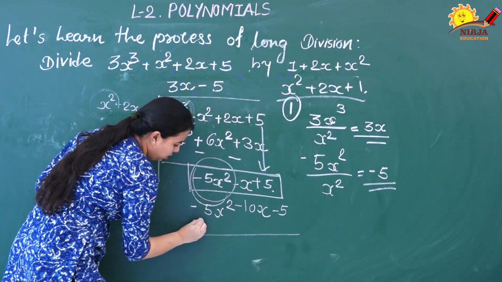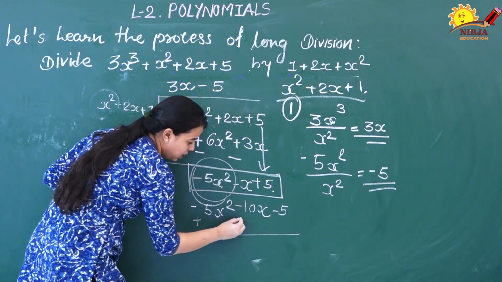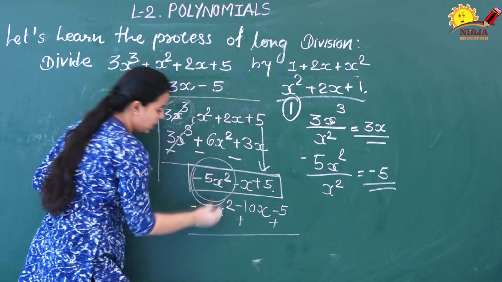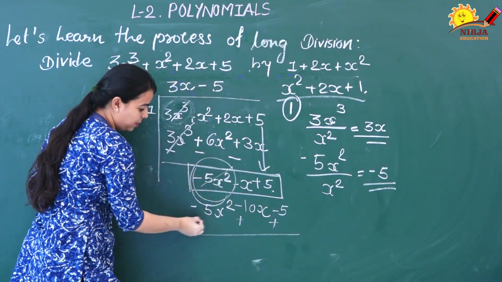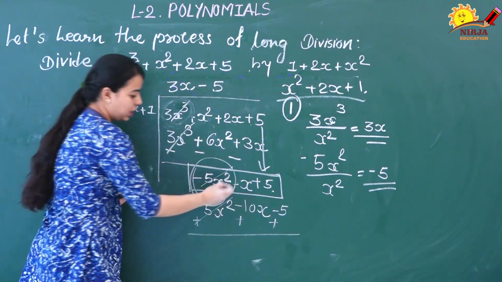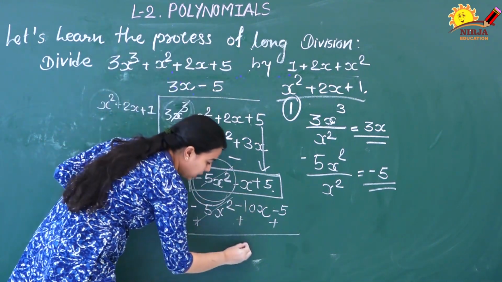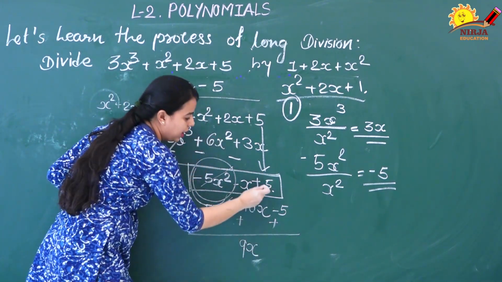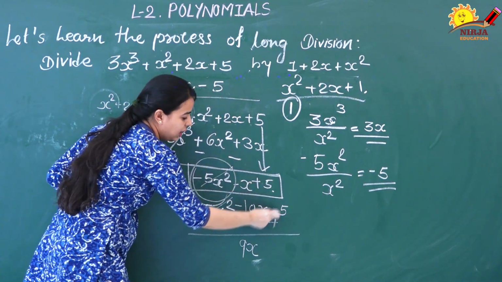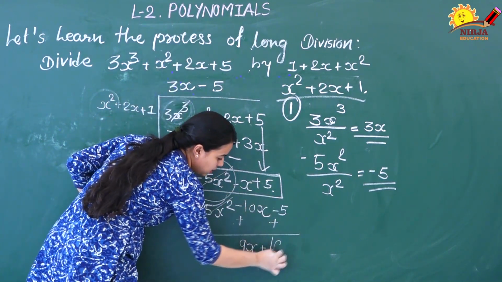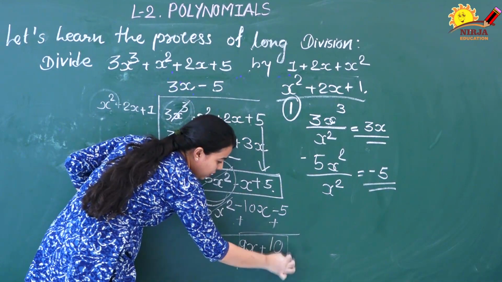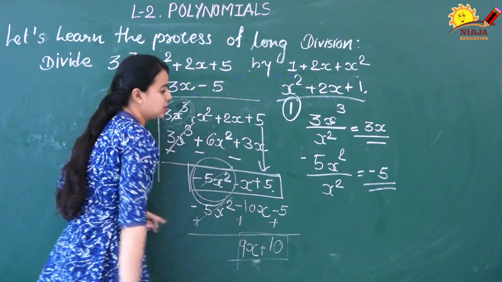Let's change the sign: plus, minus, minus, plus, minus, minus, plus. So this minus 5x square plus 5x square is going to cut. Here we have minus x plus 10x, which will become 9x, and plus 5 minus minus 5 is plus 10. So here we got a new dividend as 9x plus 10.